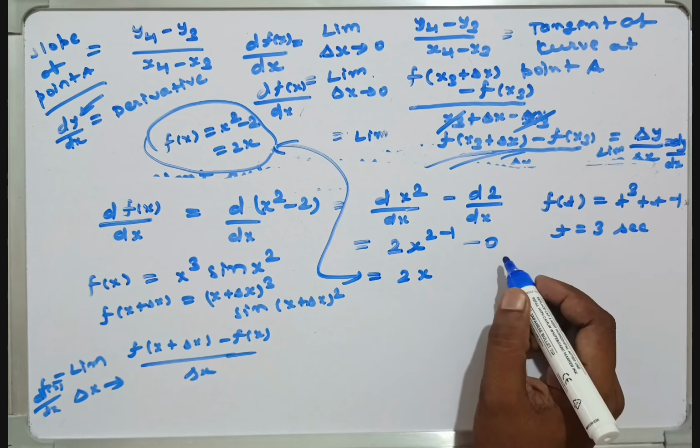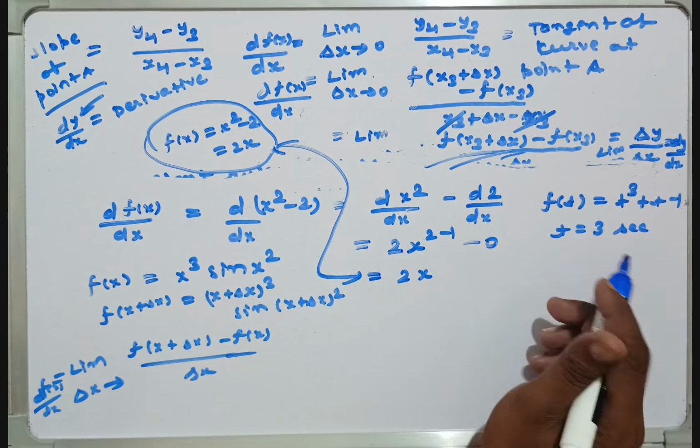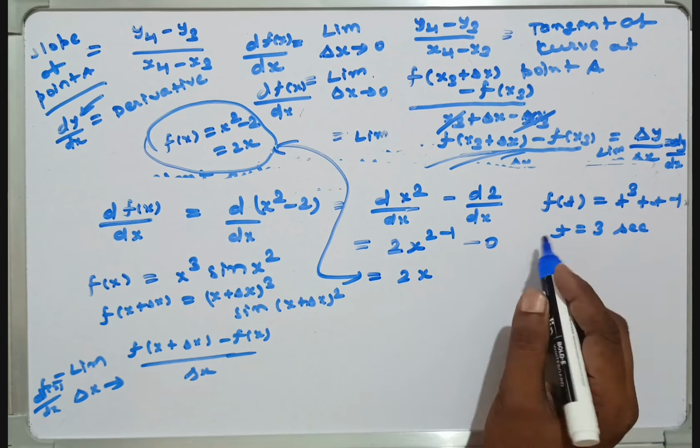In a question it may be asked: find the instantaneous velocity of the object or particle at t equal to 3 seconds.